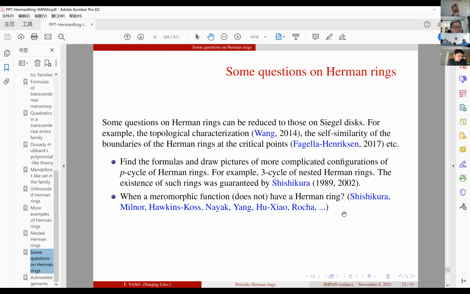Yes, I think your parameter is small, not big. This is a very good comment.